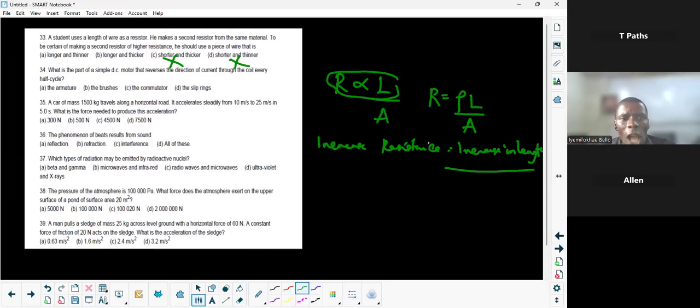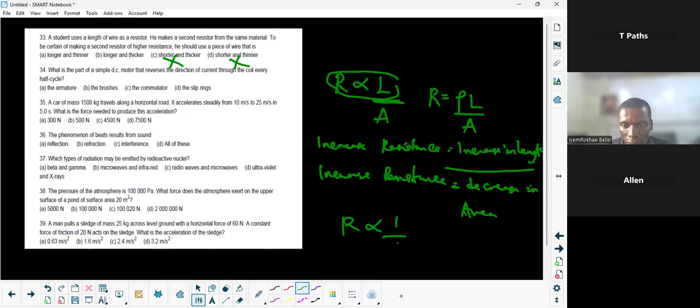Now, when you hear the word thickness in physics, it's talking about the cross-sectional area. Anytime you hear the word thickness, it's talking about the cross-sectional area. Now, according to the principle, R is directly proportional to L and inversely proportional to A. It means that according to inverse variation, the increase in resistance will lead to what? Decrease in area. As R increases, A will reduce.